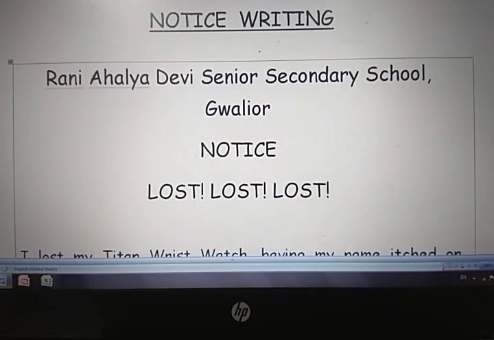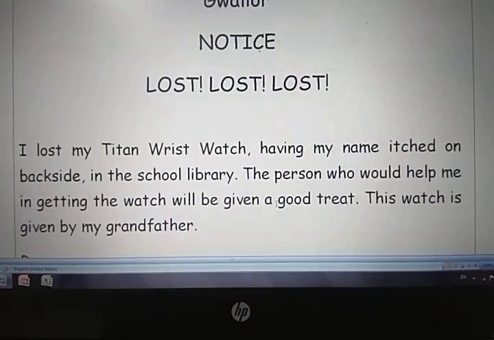First you write the name of your school, place, notice, heading, and next, I lost my Titan wristwatch having my name etched on the backside. Backside means the backside of the wristwatch. In the school library.